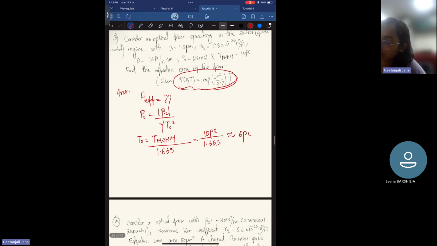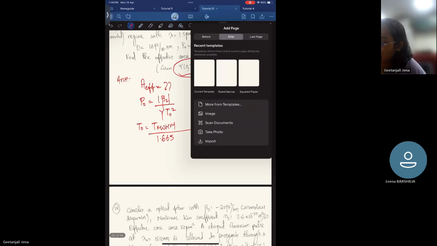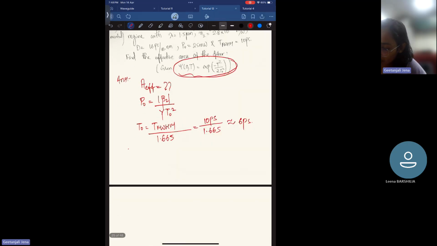So now we know T0, and we are also given the value for D. That means we can easily find beta 2, because beta 2 is lambda square D by 2 pi C. So lambda square is 1550 nanometer square.